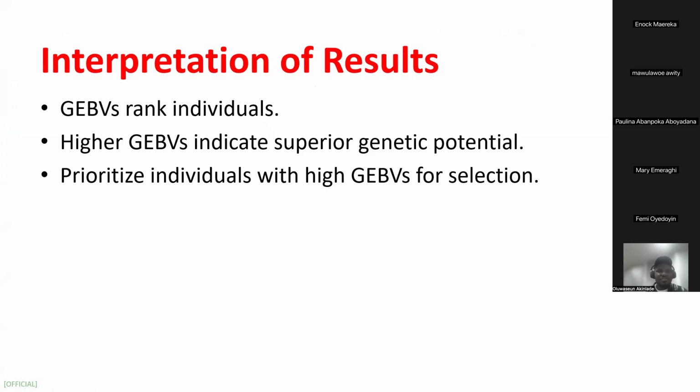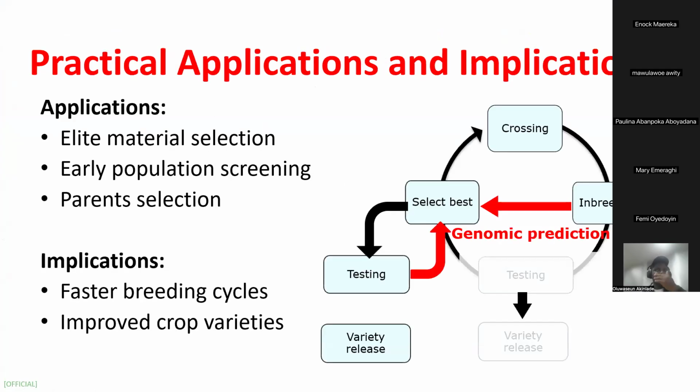in this, what he's talking about now, these are the values. For example, he picked number 193 as the one with the highest estimated GBV. So now I'm looking at different traits.